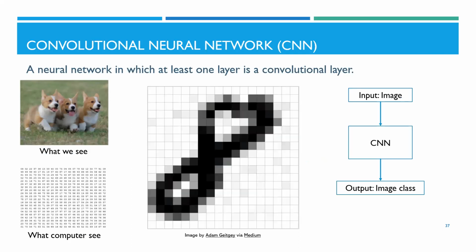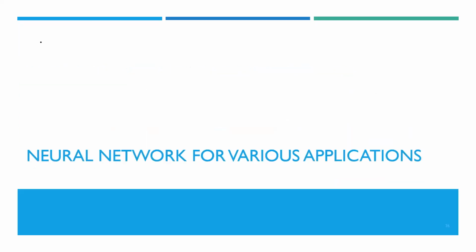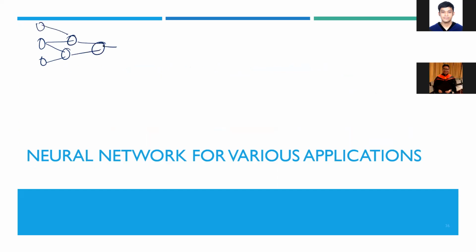Now I want to show you there are many different kinds of neural network. What we just learned is the basic one. We have input, we have hidden layer, and then we have output. This is just the basic neural network.